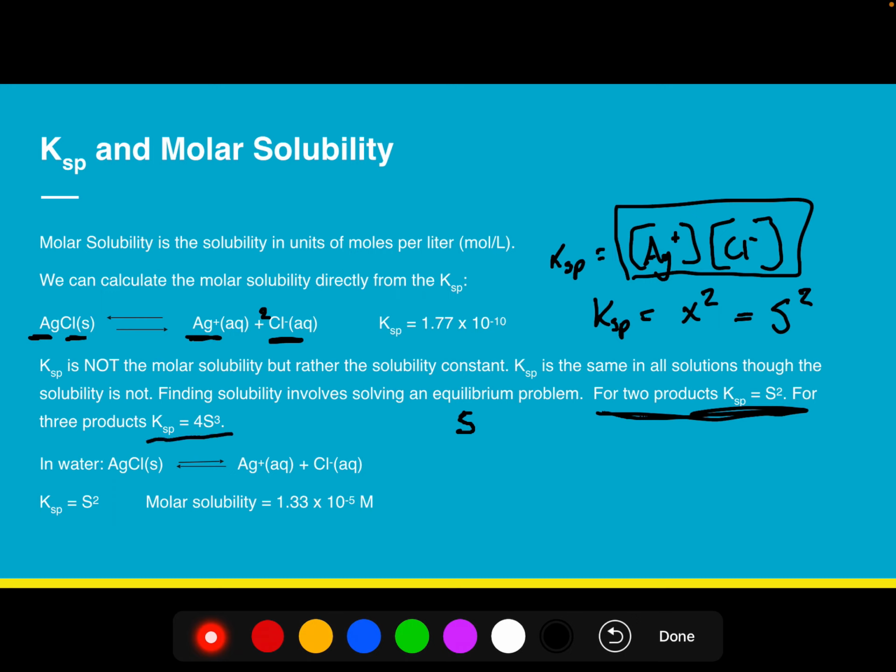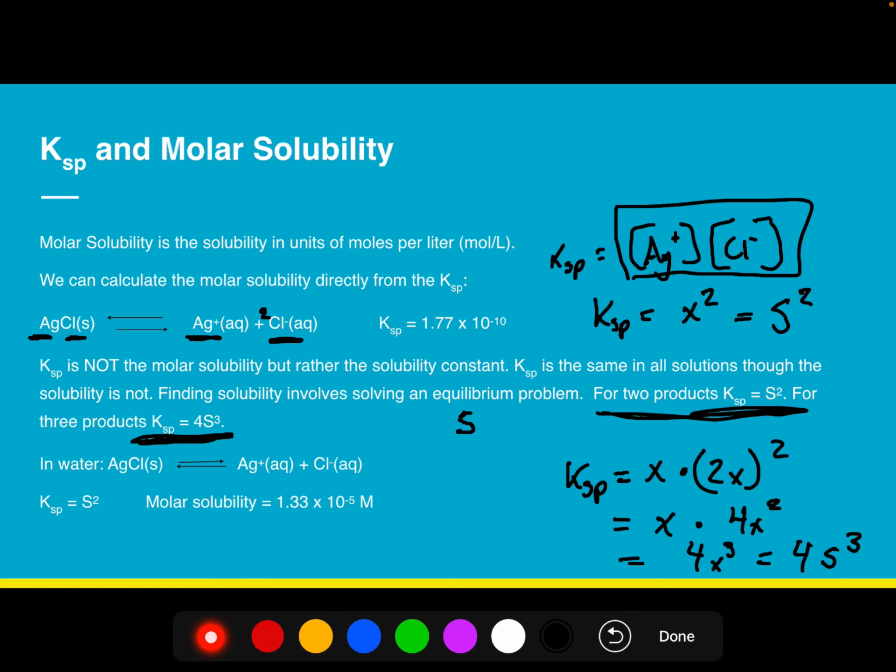So your molar solubility would follow that, because what we would end up with is your KSP being equal to X times 2X squared. So that goes to X times 4X squared, and then that equals 4X cubed. So this is how we get 4S cubed.